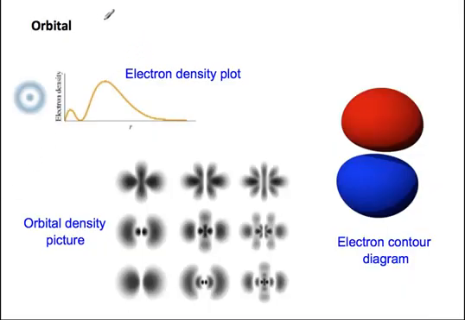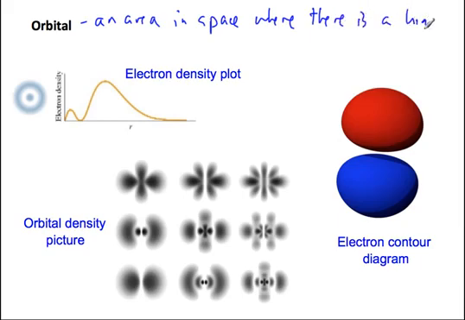So let's just look a little bit into orbitals. You've probably come across a definition of an orbital, but here's a pretty simple one. An orbital is basically an area in space where there is a high probability, and that high probability is greater than 90%, of finding an electron.